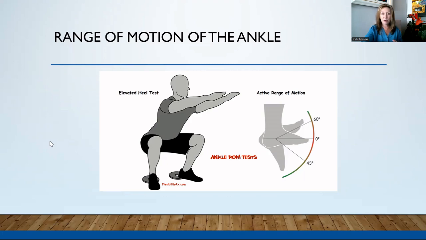I can't do a proper squat. My heels come off the ground when I squat. All right, well, let's look at the posterior leg compartment. Going to be something happening in the posterior leg, most likely in the posterior lower leg, right? All of those ligaments that attach to the heel bone. You're the detective.